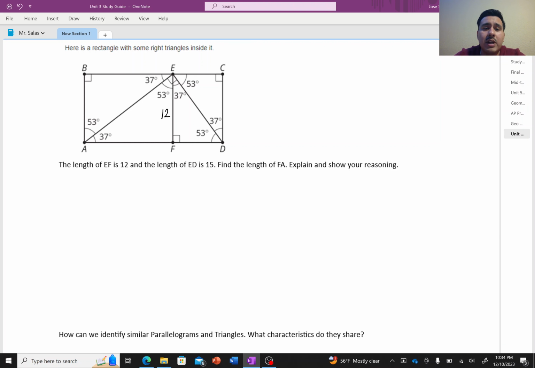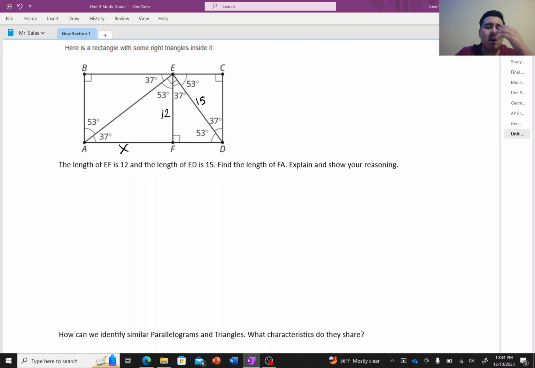So now I'm going to look for ED. ED is right here. So this is 15 units right there. It says find the length of FA. So my goal is to find this value here, FA.